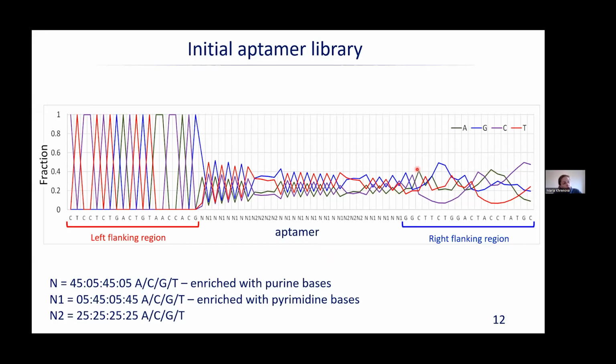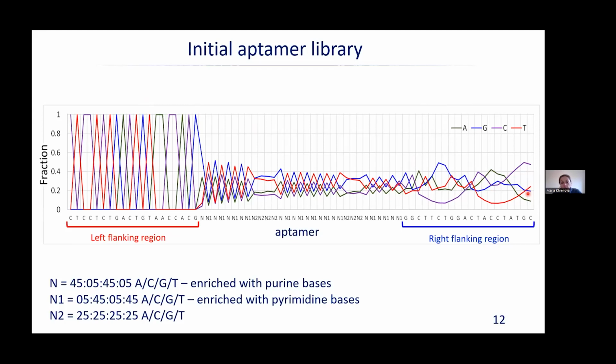But if we go further, we can see that this enrichment decreases, and what was really surprising is that in the region of the right flanking region that is constant for all aptamers we found all this messy stuff. Of course, we expected something like this in the left flanking region, but we found these strange things.